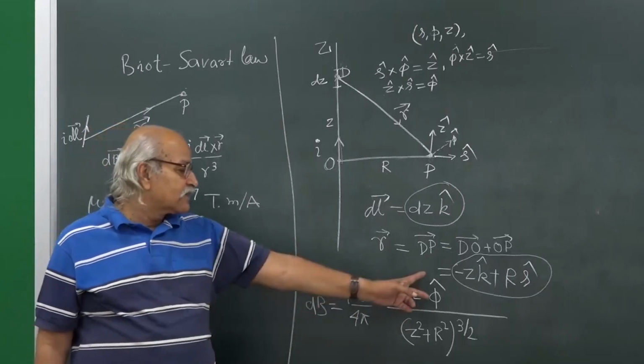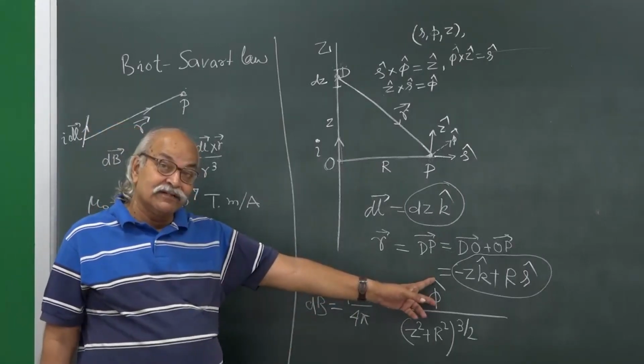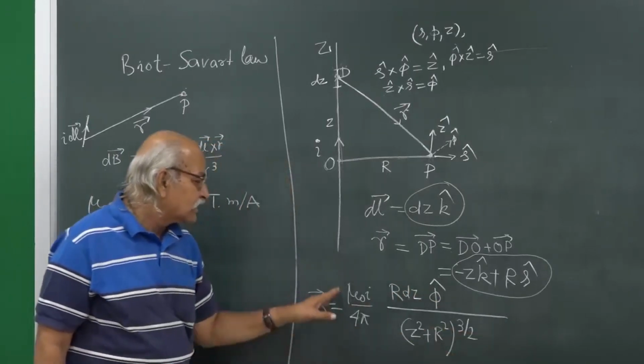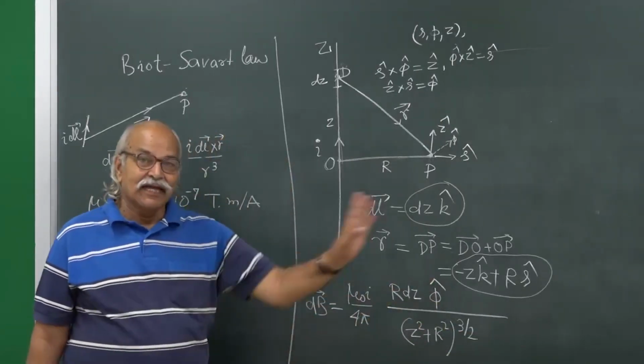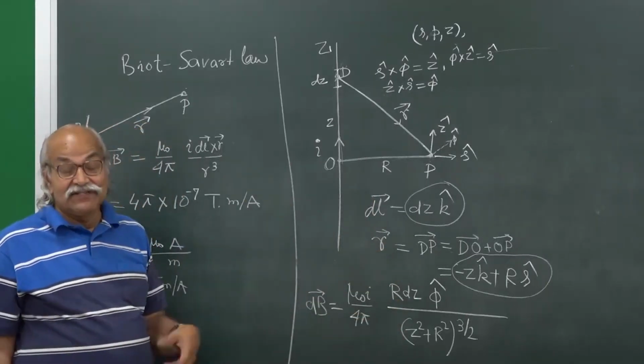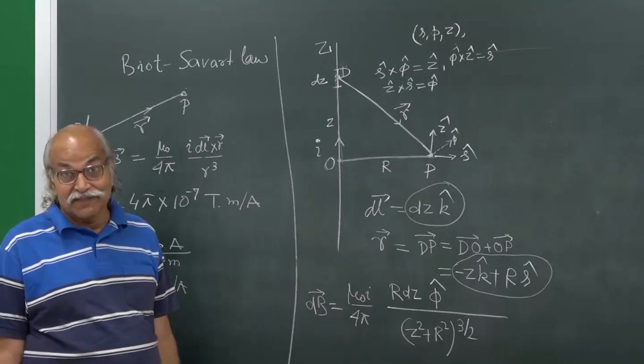And if this vector can change its direction, then you cannot take phi cap out of the integration sign if it changes from one place to the other.